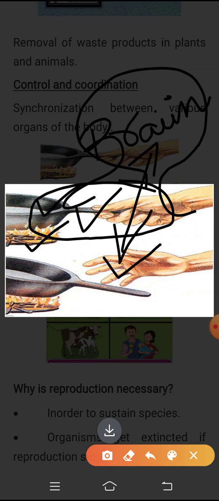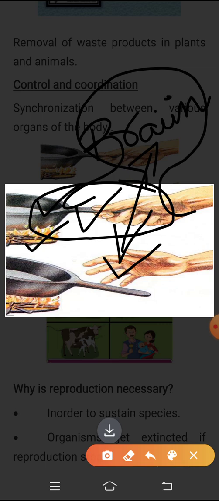So because of that reason only, we have performed this action. Exactly, it is decided by our brain, because the brain synchronizes between the various organs, various parts of our body. The brain is getting synchronization between various organs.